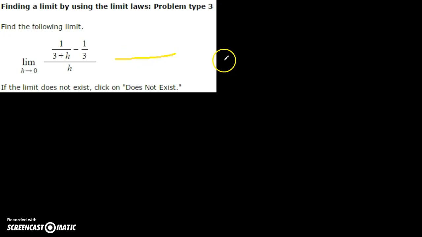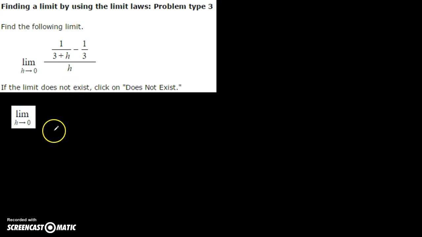So what we're going to do is, again, use our algebra skills to hopefully factor some stuff out, and give us a value that is not undefined, which is our limit. So I'm going to copy this. Make sure you write that. You guys need to have that every time.